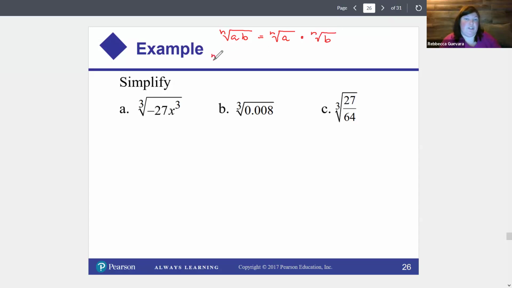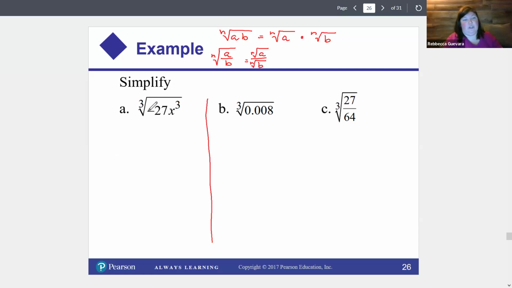And if we have a quotient, the nth root of a quotient, we can also distribute that nth root. So this also applies. Like I said, it's a product of square roots. It also means the product of any root.